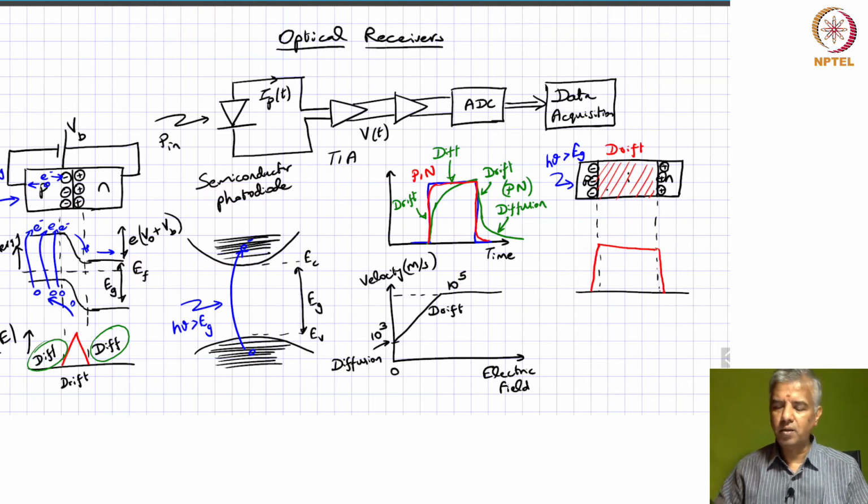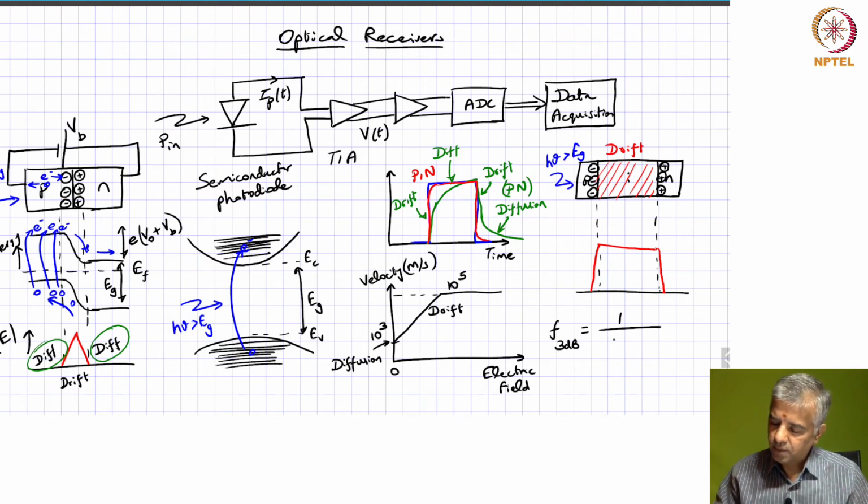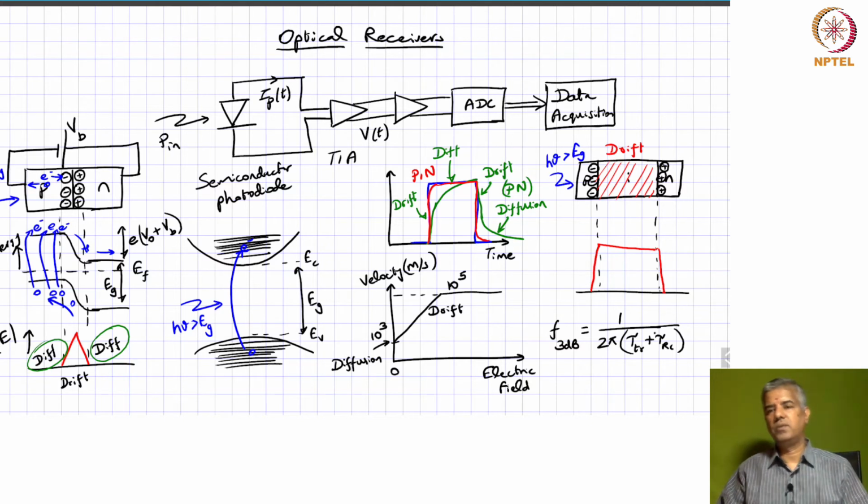So we can quantify all of this. We can quantify this in terms of the frequency response of this photodiode, and if you say the 3 dB frequency, which corresponds to the response of the photodiode where it goes down by 3 dB, or goes down by half the response that there was at lower frequencies, that will correspond to a factor that's what you call the transit time, and you have what is called the RC time constant for this structure.